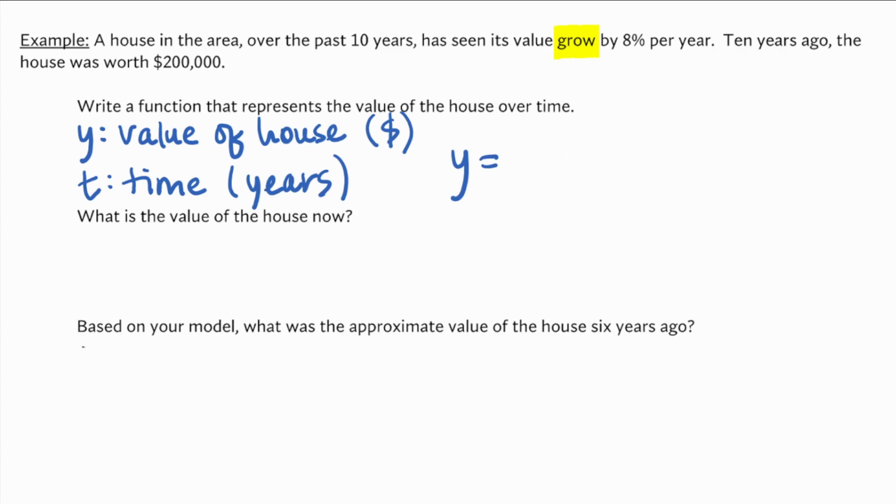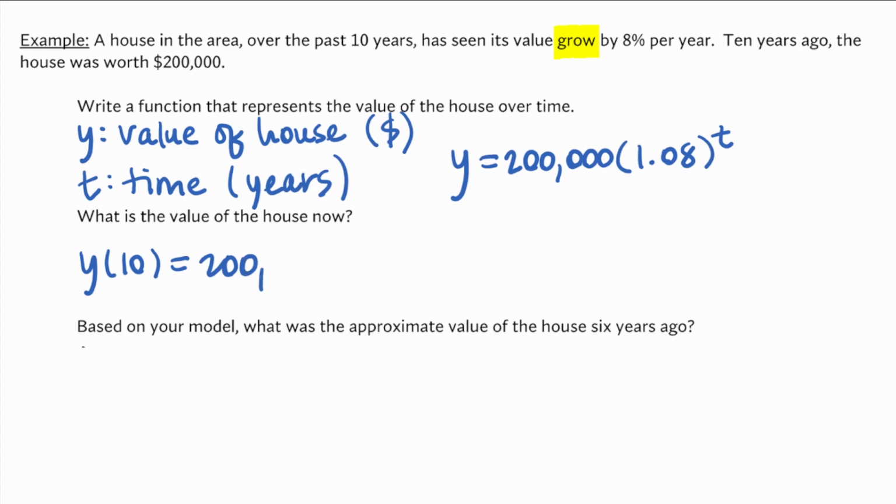And the starting value is $200,000, so y is equal to 200,000 times 1.08 to the t, where t is the number of years since 10 years ago. Okay. And the value of the house now, well, now is 10 years after 10 years ago, so the value of y corresponding to t equals 10 would be 200,000 times 1.08 to the 10.